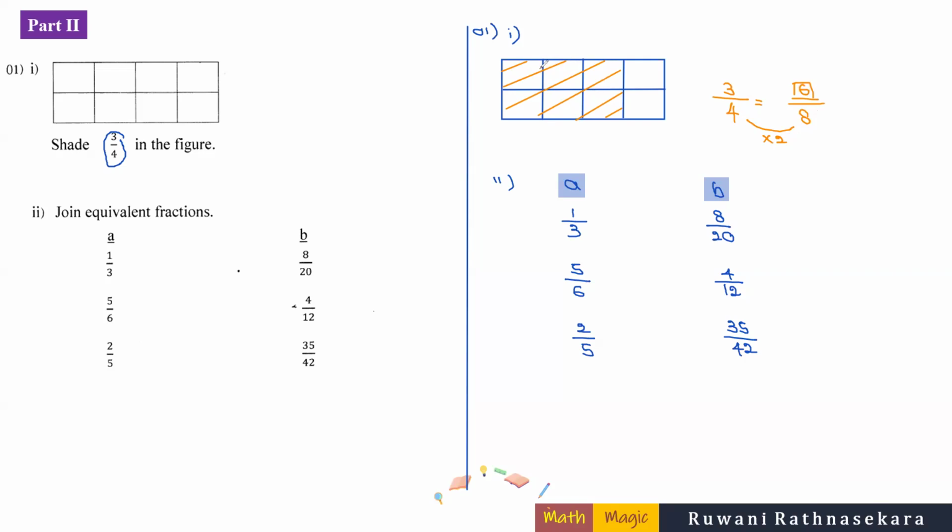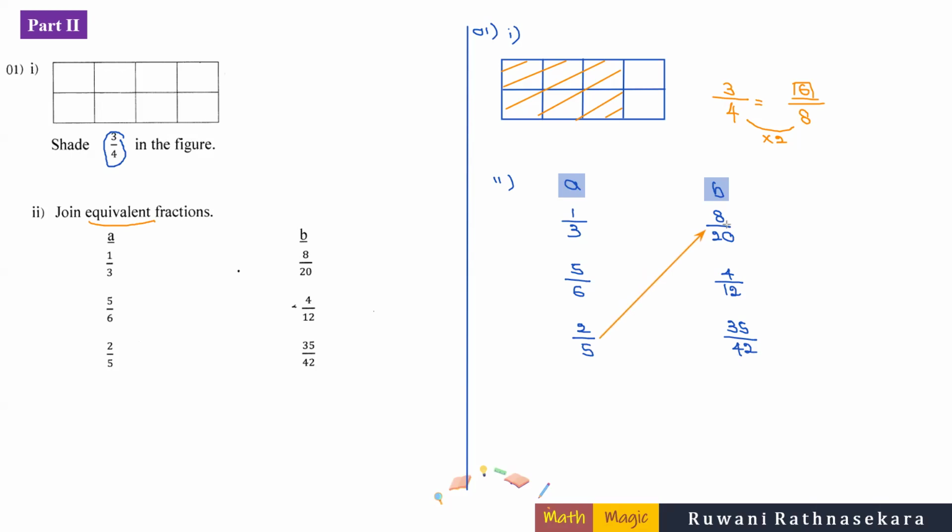The next one is to join the pairs of fractions which are equivalent. Equivalent means equal. Right? Then here, firstly, I'm going to match 2/5 because 5 is the denominator, which can never be equal to 12 or 42 by multiplying. Therefore, 2/5 must be 8/20.